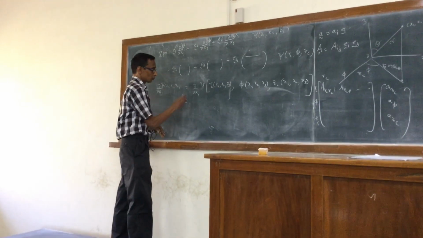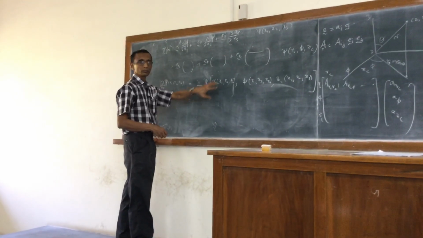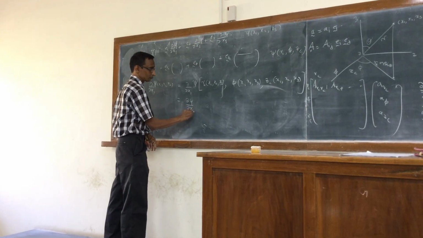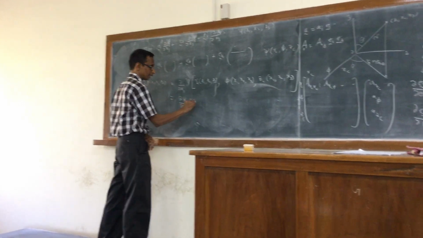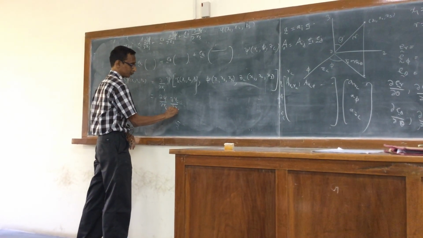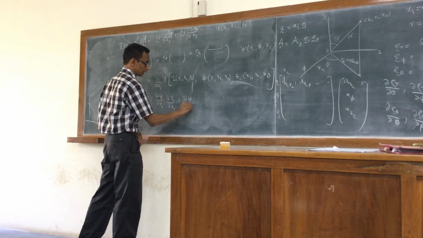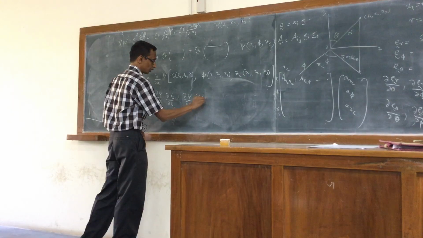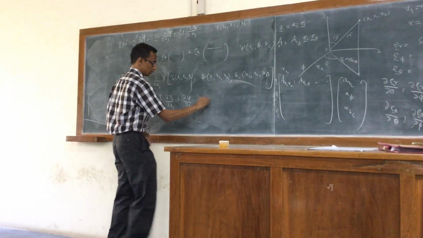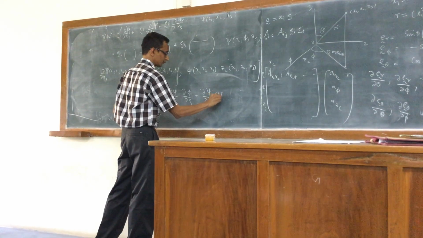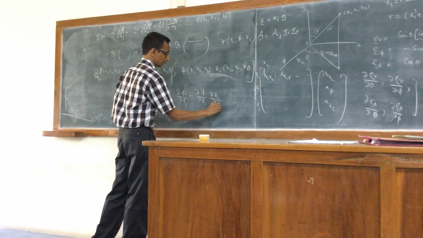So this is clearly now d psi by drc times drc by dx1 plus d psi by d phi times d phi by dx1 plus d psi by dzc times dzc by dx1.